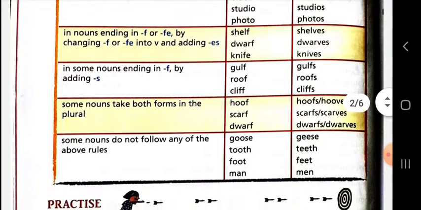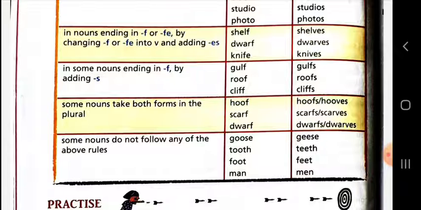Next rule: the nouns ending in f or fe, you need to change f or fe into ves. You will write v in place of f or fe, then add es. For instance, self: remove f and add ves, and you will get the plural selves. In some nouns ending in f, you add only s.